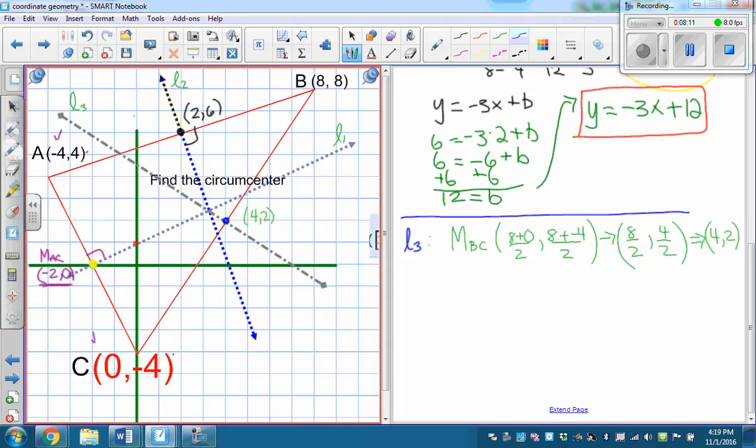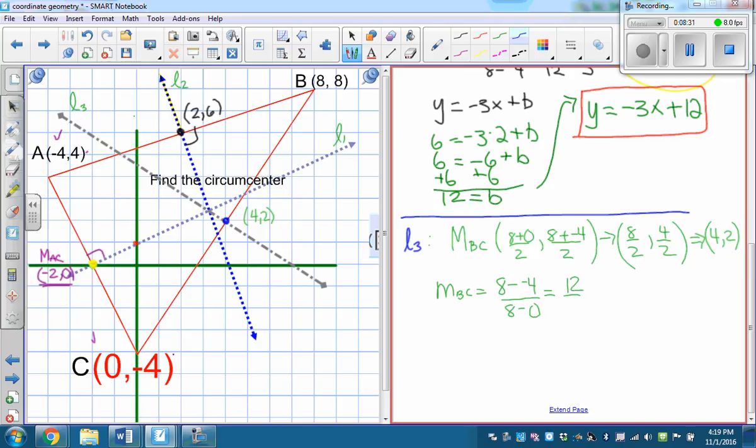So the slope of BC would be rise over run. So difference of the y values, 8 take away negative 4, divided by the difference of the x values, 8 take away 0. That's 12 over 8, which is 3 over 2. So the perpendicular slope would be negative 2 over 3.